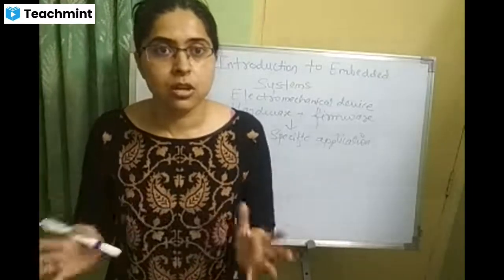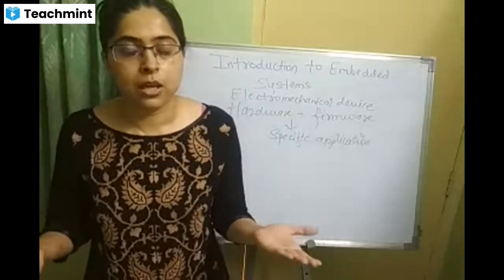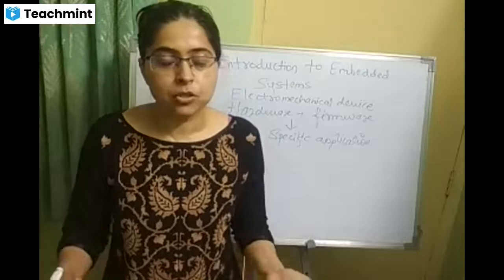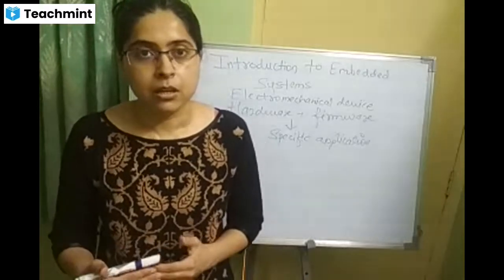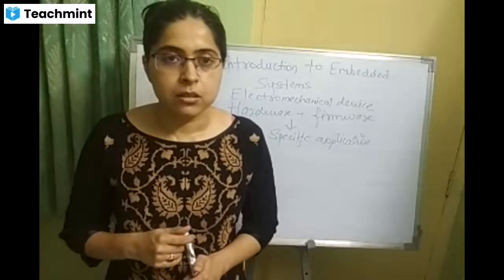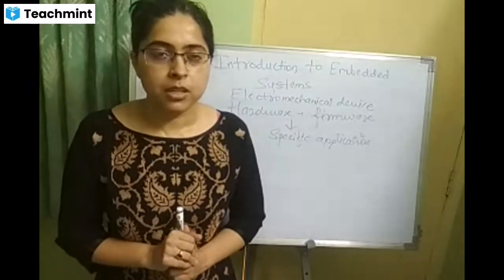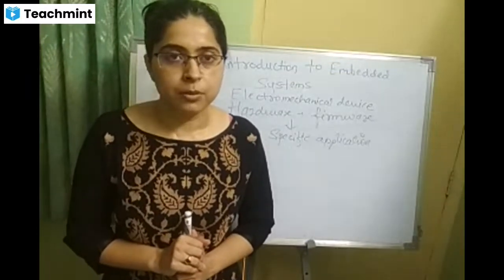You cannot exchange the two embedded units. So they are application specific. Multiple applications are not applicable here. Now we will see the difference between the general purpose operating system and the embedded operating system.